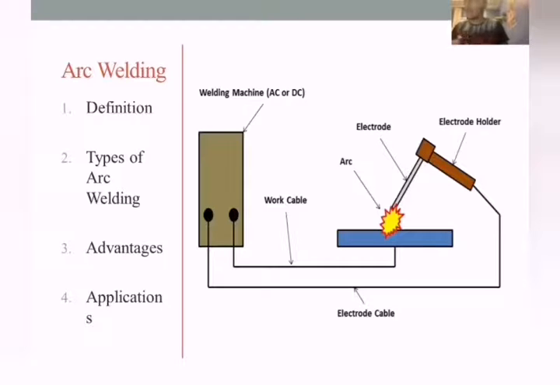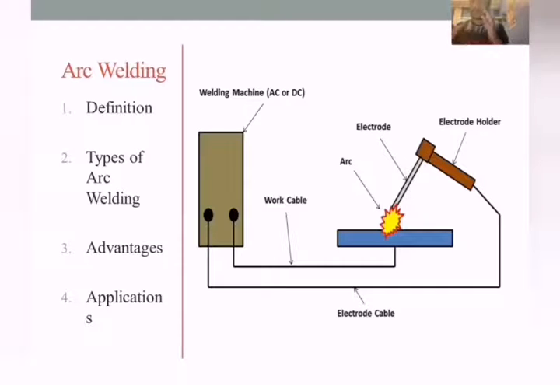In consumable arc welding, the electrode itself becomes part of the workpiece. A very significant part of the electrode becomes part of the workpiece. As for non-consumable, that does not happen, which I'll explain later.